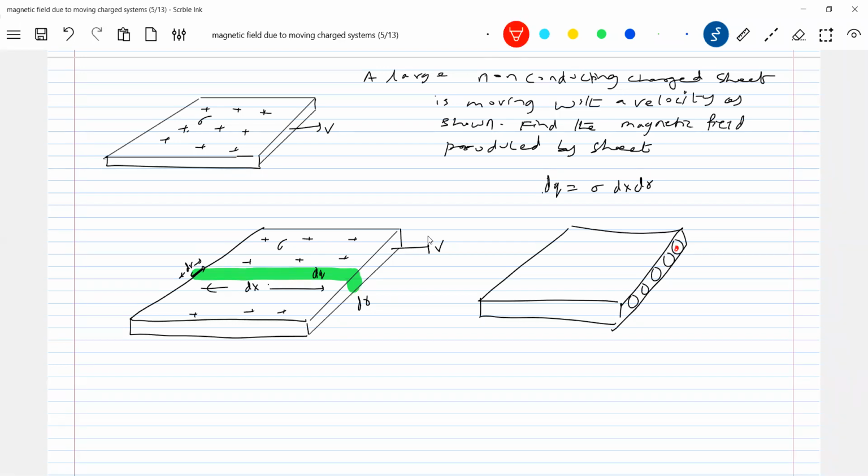Out of the plane, I'm taking this. The rate of flow of charge should be the current too. Look at the green color region: the charge is there, the charge is in motion. And what is v? We can write dx by dt from the geometry. Now let me apply Ampere's loop. Where is the Ampere's loop? I'm going to bring the Ampere's loop like this.